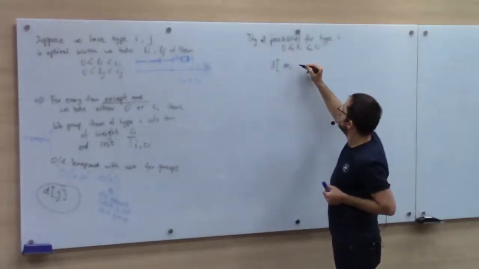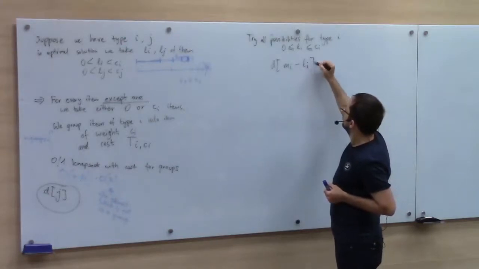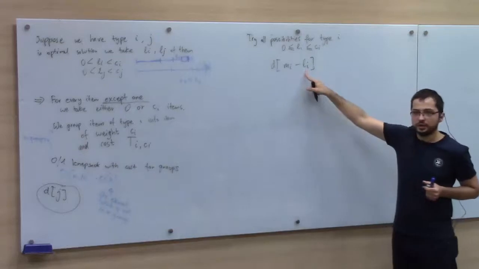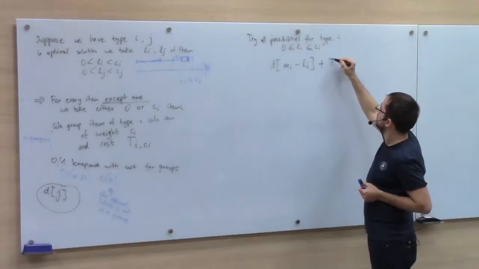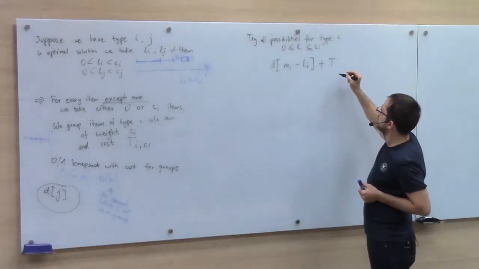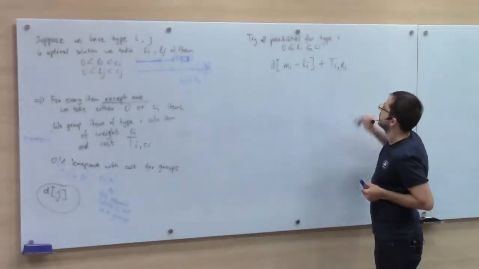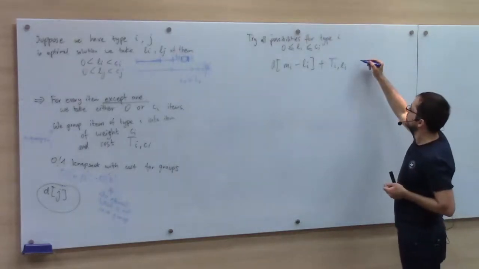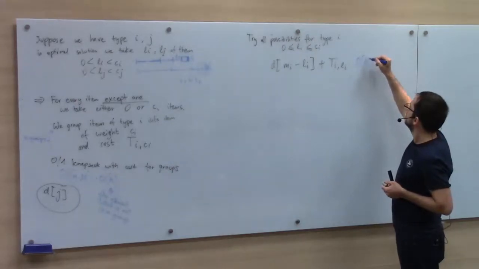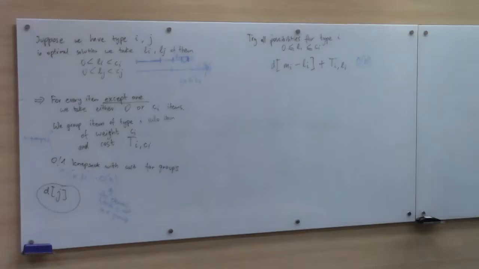So it will be Mi minus Li, because this is the number of elements we are interested in, and we just have to add the time for assembling elements of type I. So this will be Li. And this procedure will take time at most O of m, because we are going through the whole knapsack.